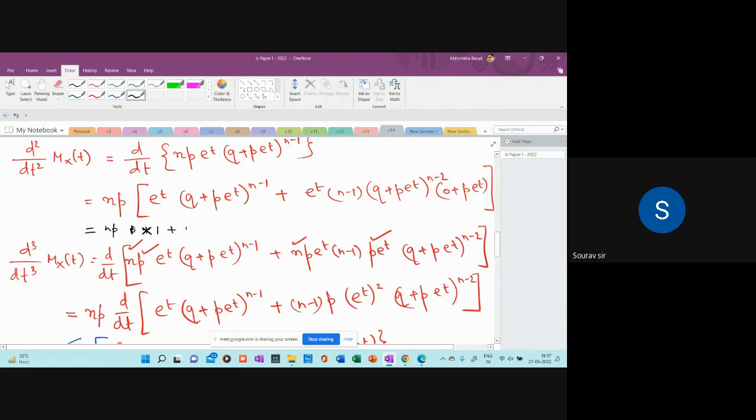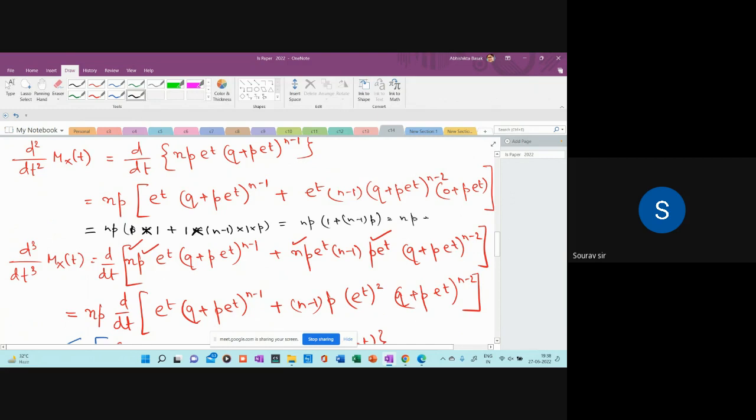That is n into n minus 1 into 1 into p. So that is giving basically np into 1 plus n minus 1 into p.